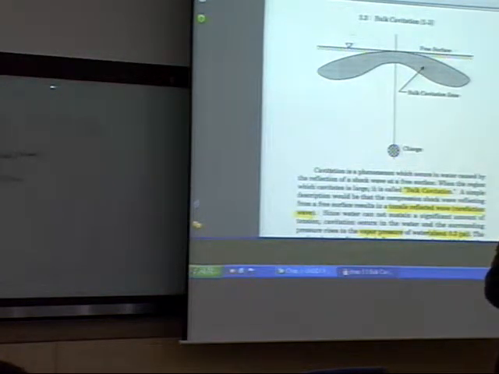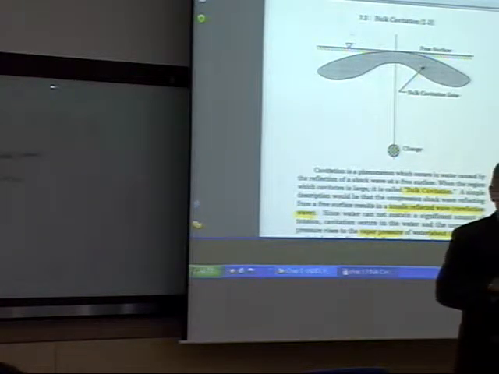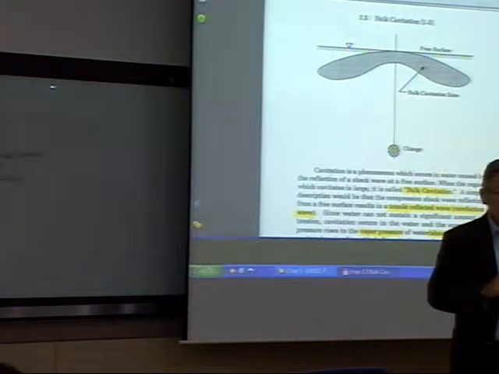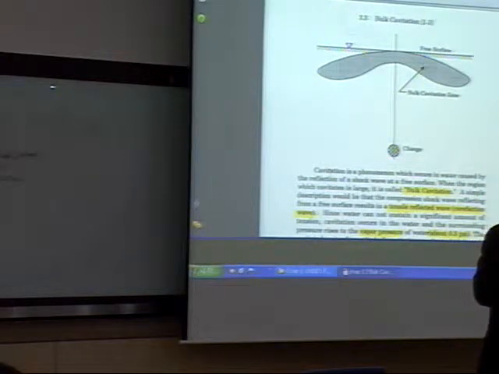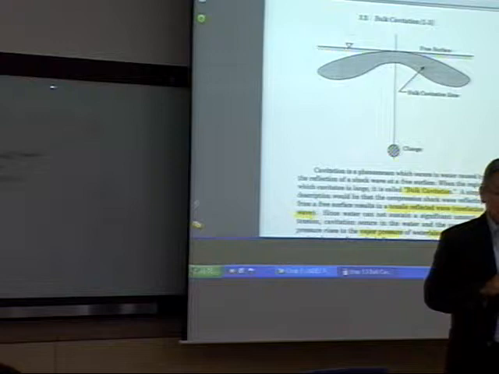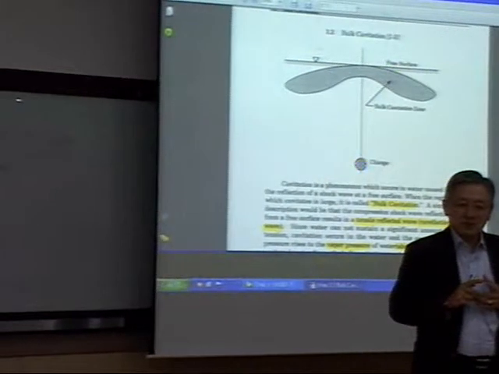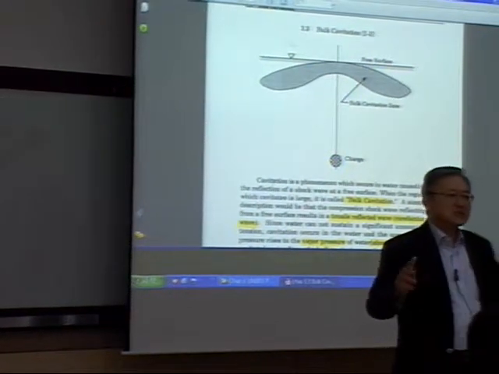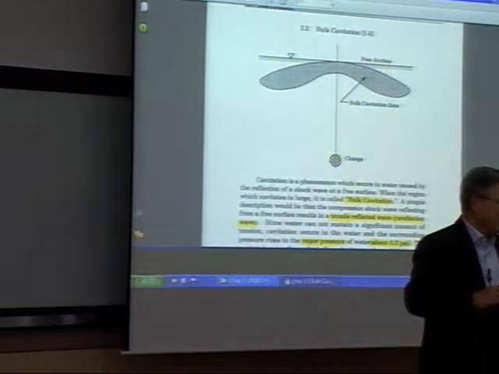Tensile or tension wave, which is equivalent to rarefaction wave, equivalent to surface reflection wave. It's all the same, right?